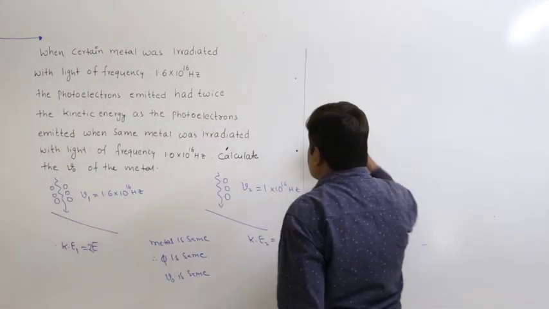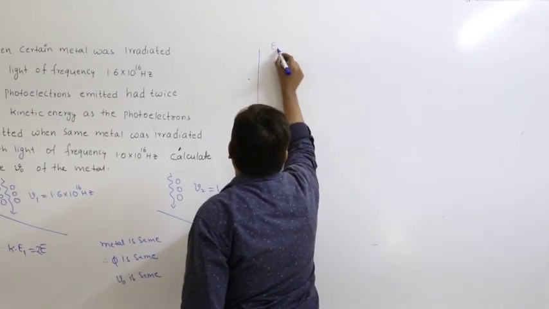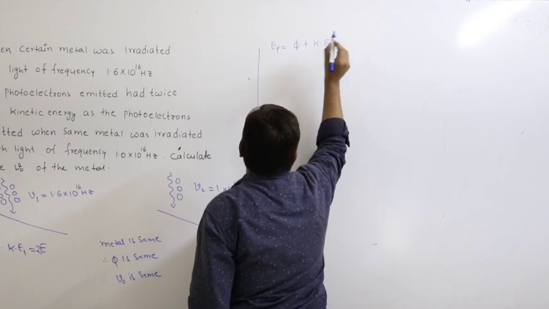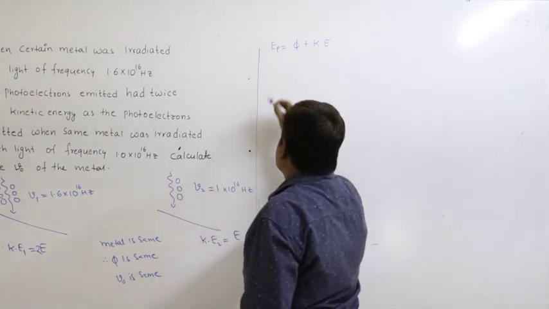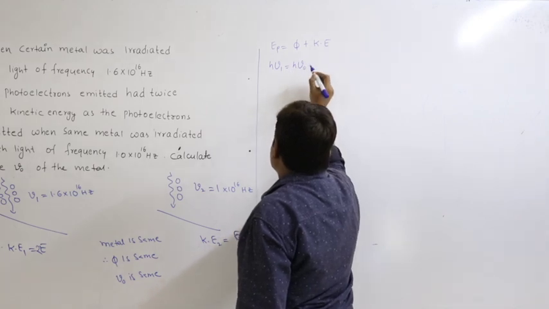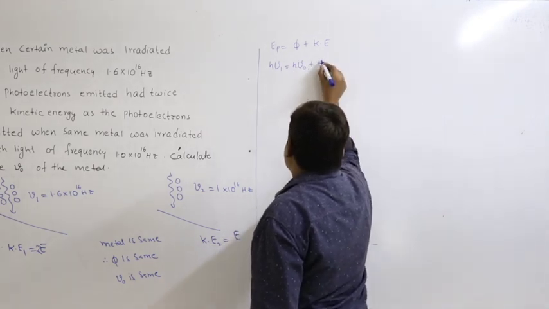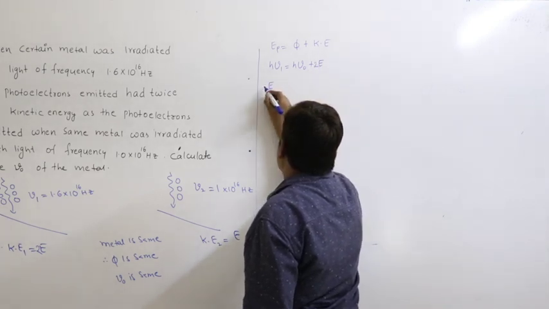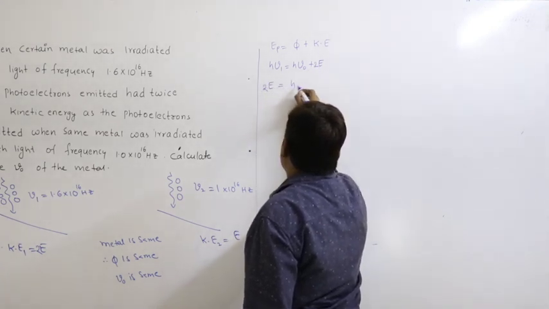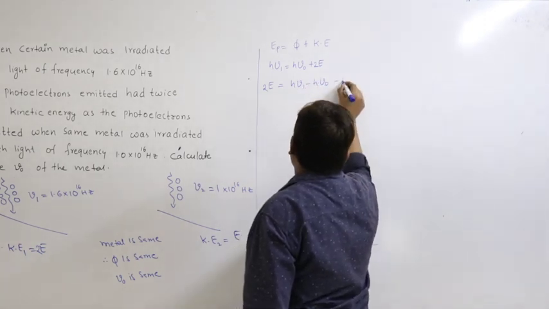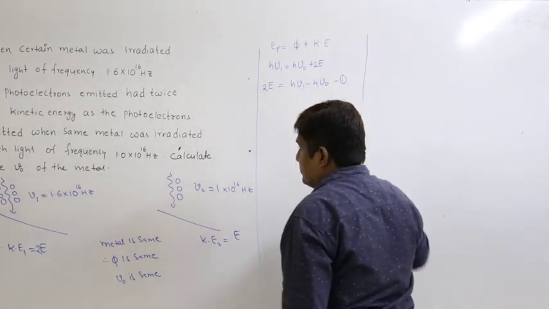For the first case, energy of photon equals work function plus kinetic energy. Energy of photon h nu 1 equals h nu naught plus kinetic energy 2E, so 2E equals h nu 1 minus h nu naught. Let us call this equation 1.